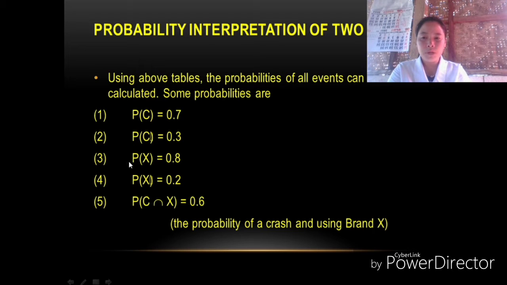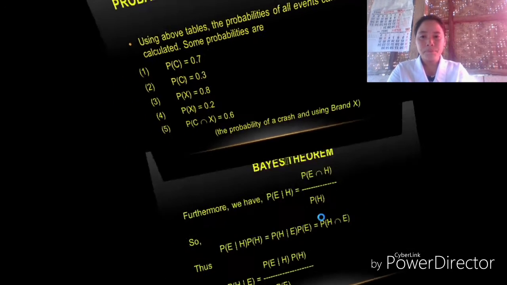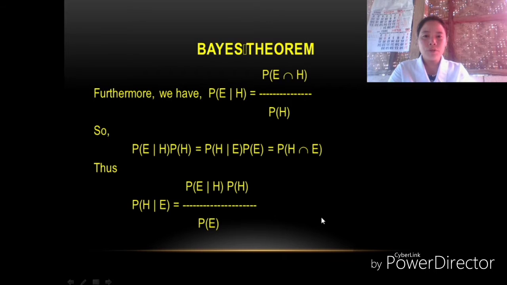Number 3 is P of X equals 0.8. Number 4 is P of not X equals 0.2. Number 5 is P of C intersection of X equals 0.6, the probability of a crash and using brand X. Bayes theorem. So, mao po niya ang mga formula sa theorem.